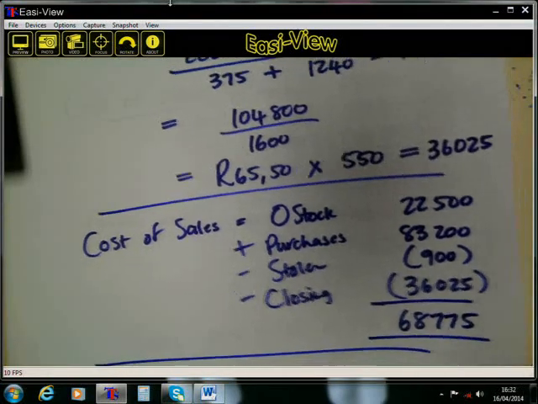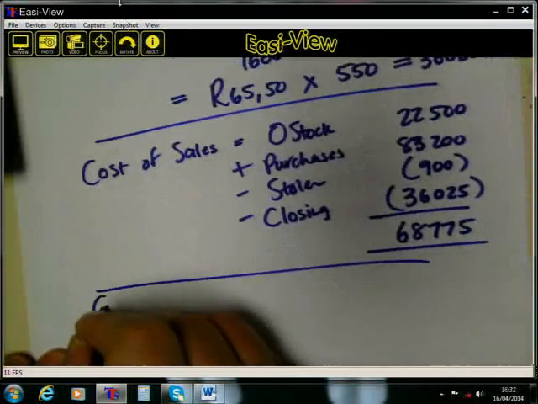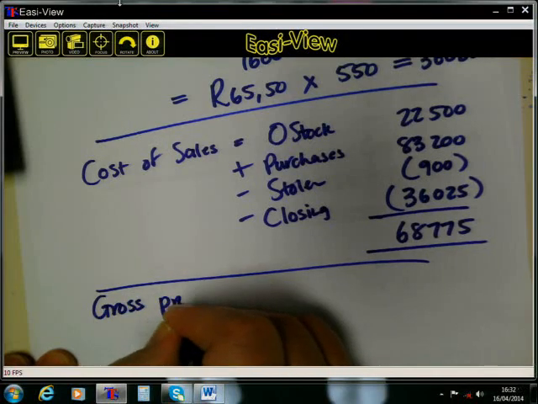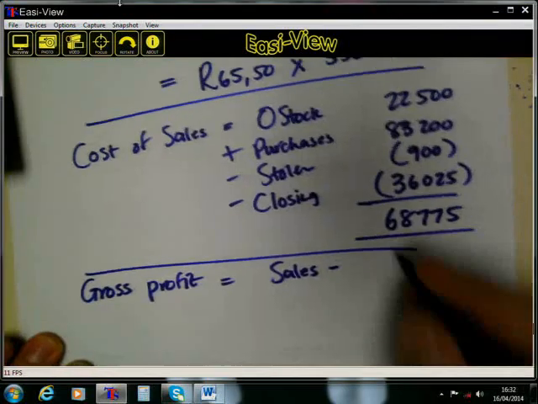What are we going to do now? Exactly what we did for the FIFO method. We are going to calculate our gross profit. Gross profit equals sales minus cost of sales.